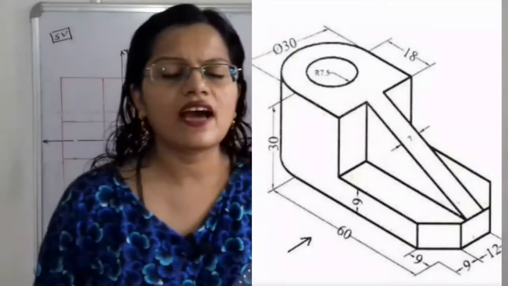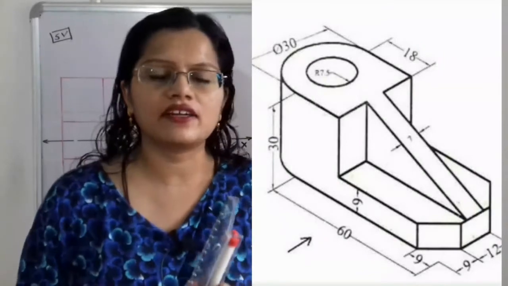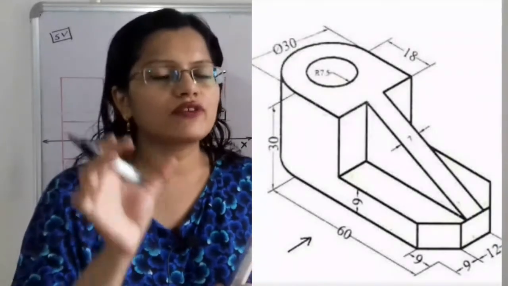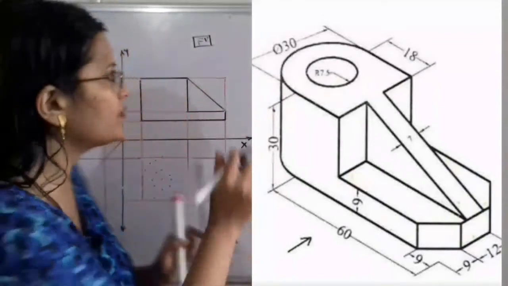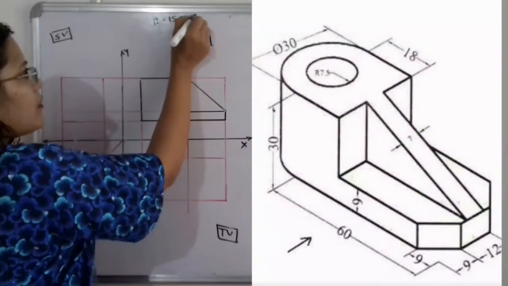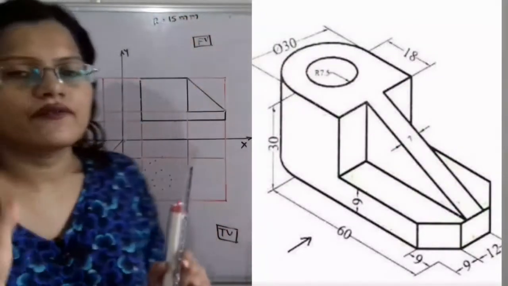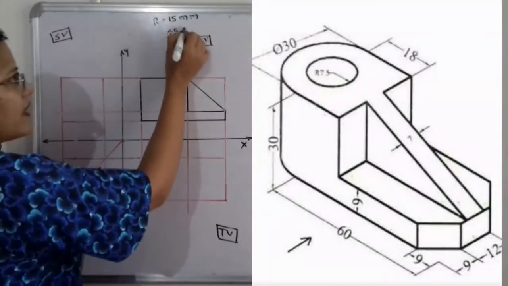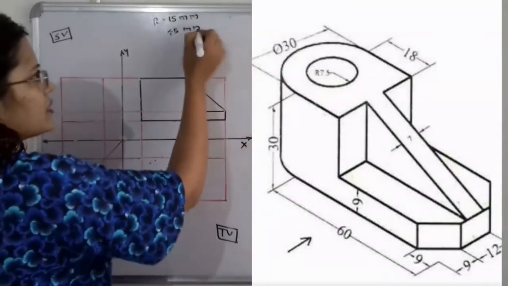Before that, how to take the center for that semicircle? It is important. Now we have decided R is equal to 15 millimeter. For this 15 millimeter, with the scale we will take here 45 millimeter, because our scale is 1:3.